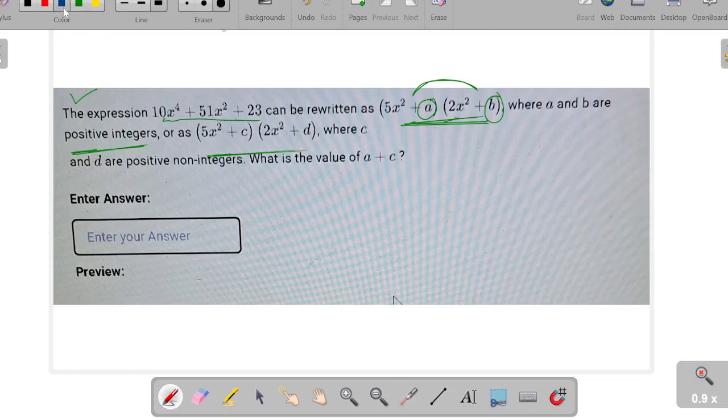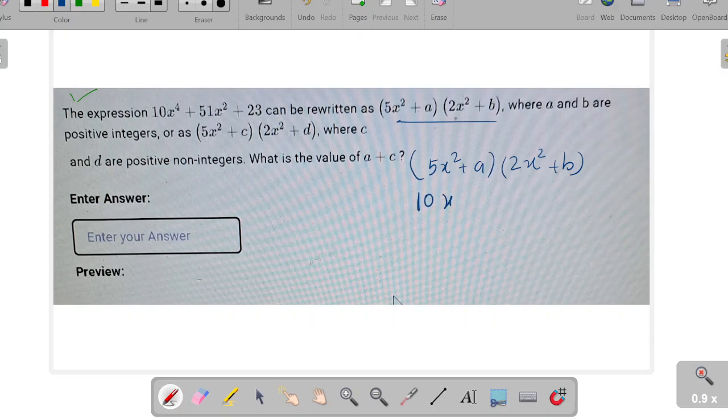So first thing, whenever you see these kind of things, you will try to expand this expression. So if I'm expanding, how will it look? You will simply multiply, so it will become 10x raised to the power 4 plus, I'll multiply 5x square with b, so it will be 5bx square. I'll multiply this a with 2x square, so a times 2x square will give me 2ax square.